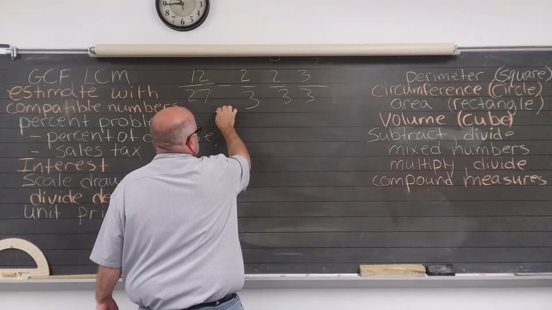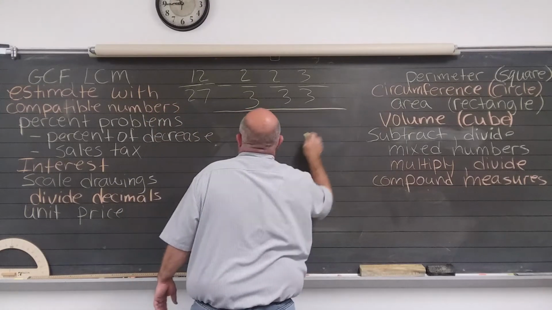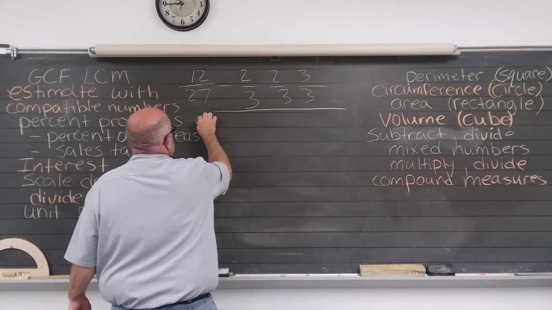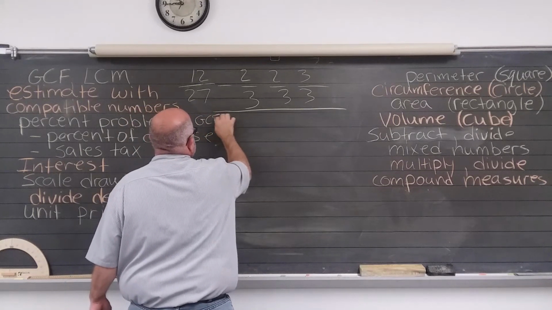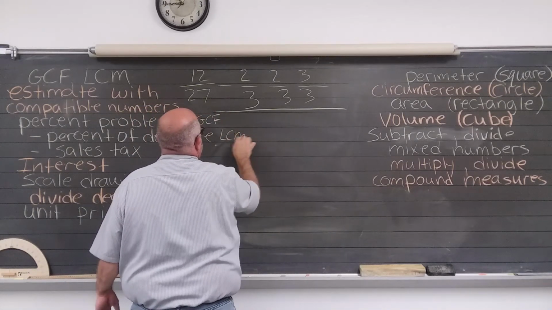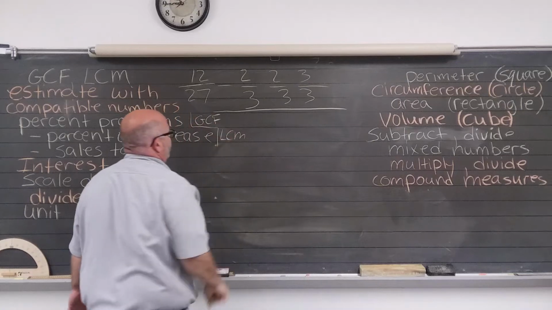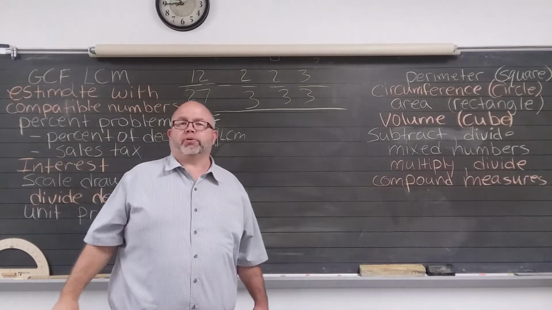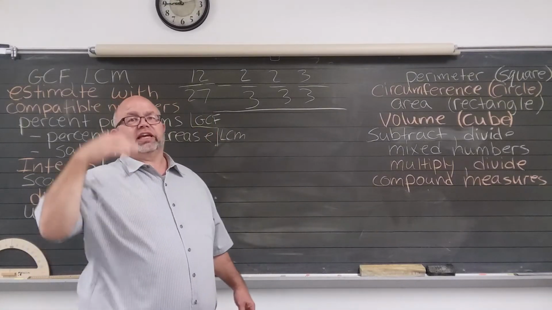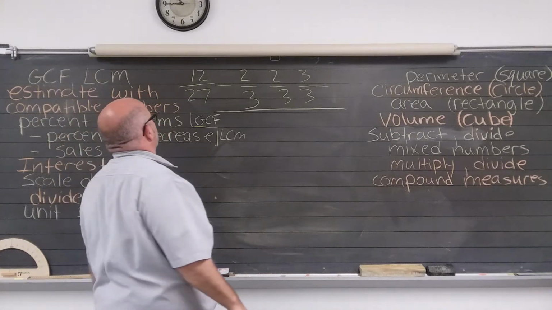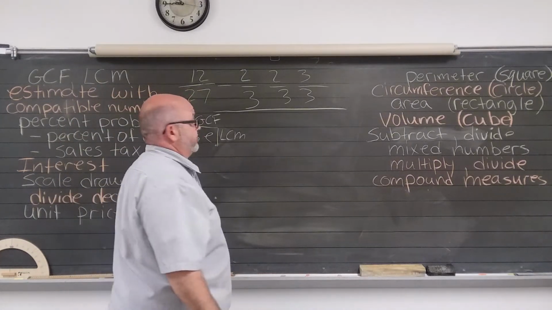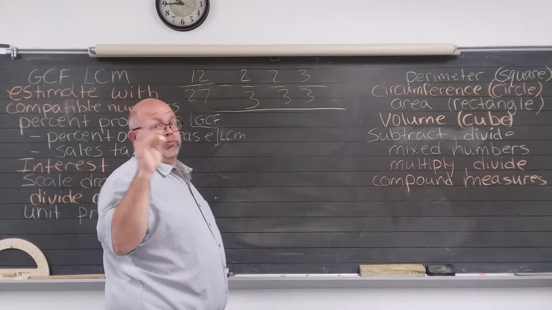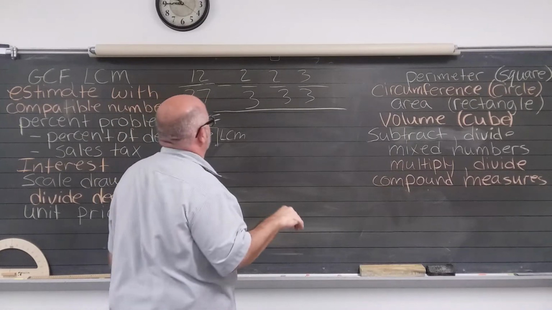Then down here, you want the greatest common factor and the least common multiple. The greatest common factor is the largest number that divides evenly into 12 and 27. So 12 divided by this number, 27 divided by this number, what's the biggest number?